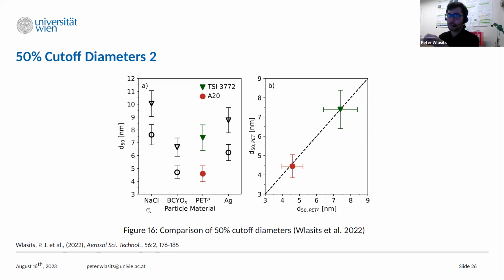And these cutoff diameters for these materials we've been measuring also with the two CPCs that we've been using for the plastic cutoffs. And what we can see here is that the cutoff diameter of the higher purity PET is somewhere between the cutoff diameter of the oxidized beta-caryophyllene and the silver in two butanol based CPC, and way lower than the 50% cutoff diameters for sodium chloride as salt in a butanol based CPC.